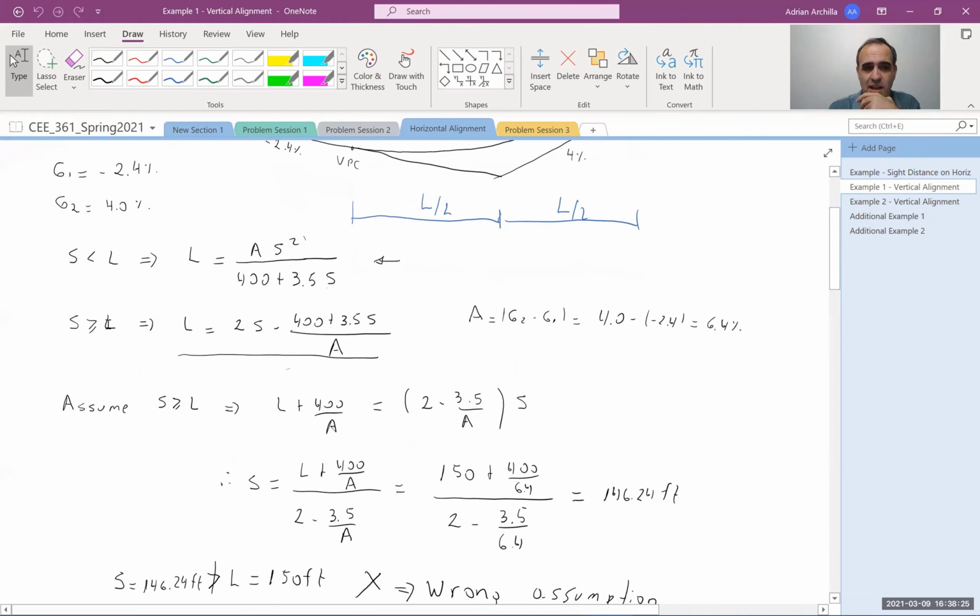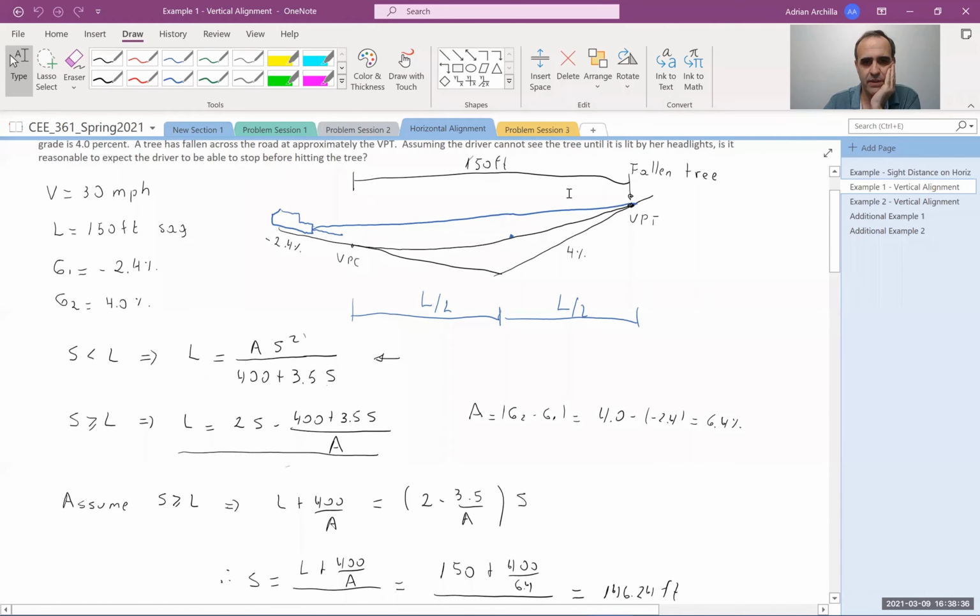I assume that S is greater than L, and that's an assumption we have to check. Since we know L is given as 150 feet, and we are given G1 and G2, which essentially determines the A.